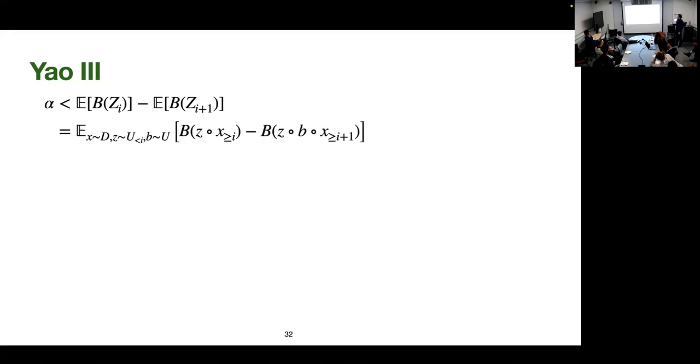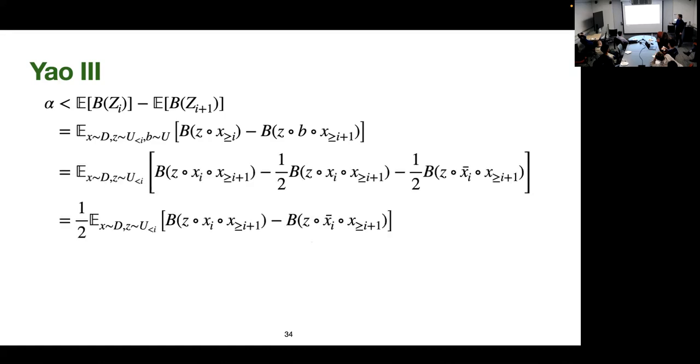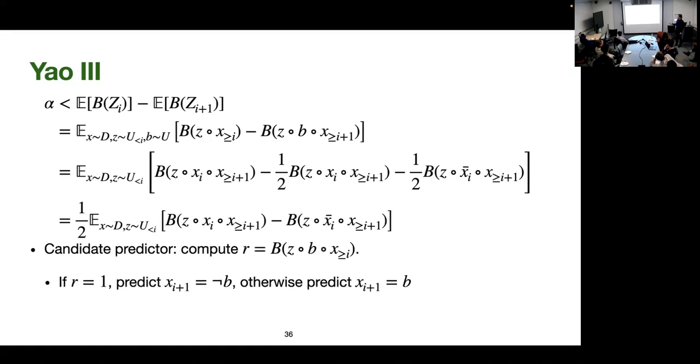And so we can start rearranging here, where we can think of sampling a uniform string z, and then sampling a string x_i. I worry that this is not the best use of everyone's time, but we can rearrange this expression, replacing some stuff with some other stuff, and we eventually get a candidate predictor that looks like this.